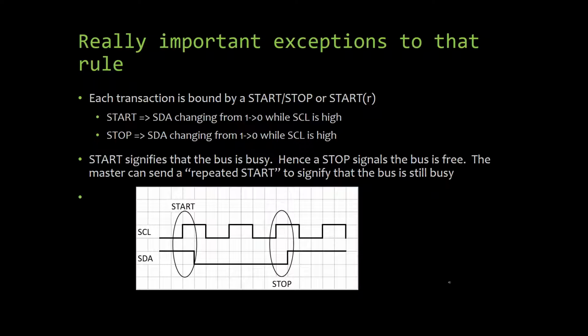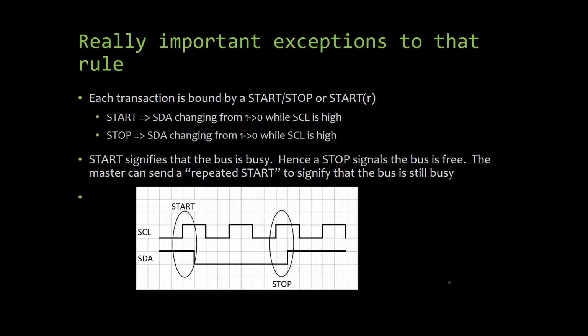Now that I've explained a really simple rule, I'm going to have to give you the exception. Because there are only 2 signals in I2C, a lot has to be communicated via SCL and SDA. So around every data byte is a start and a stop, or a start and a start repeat.